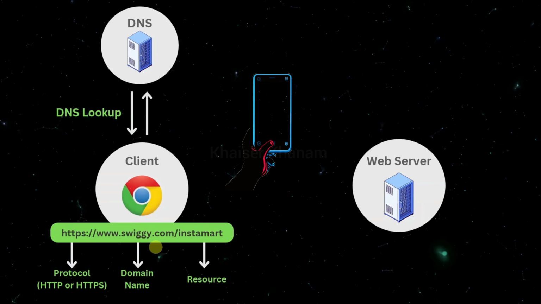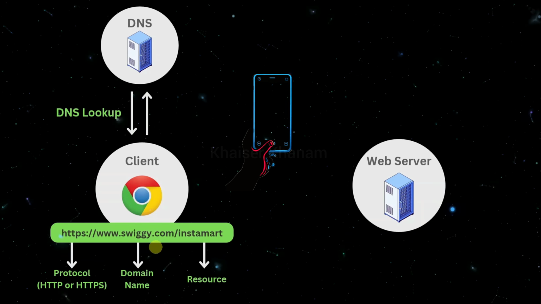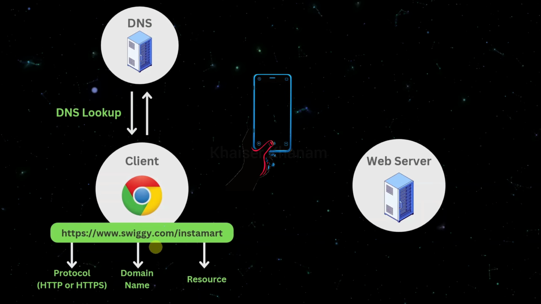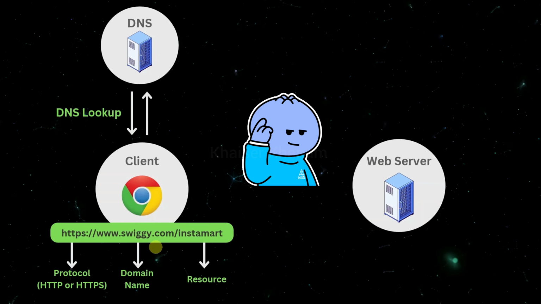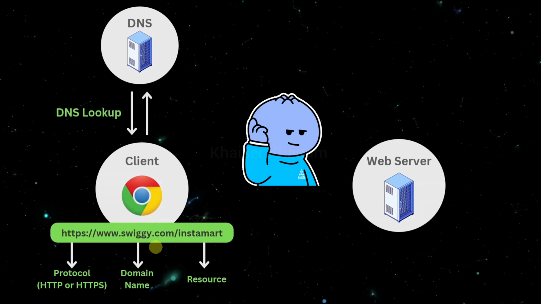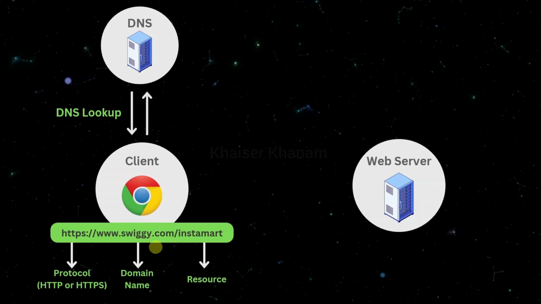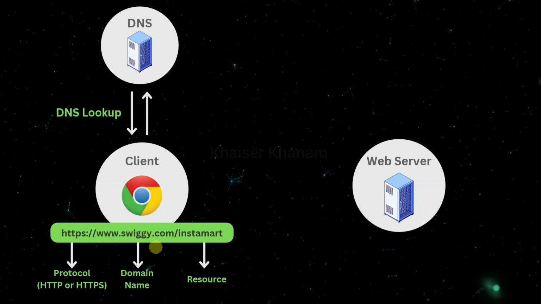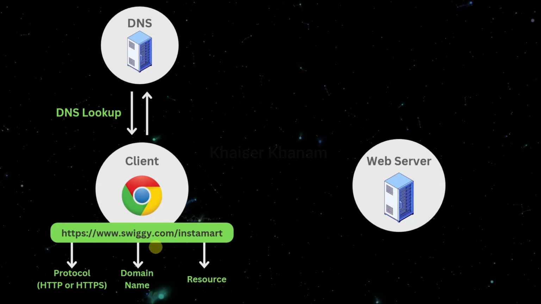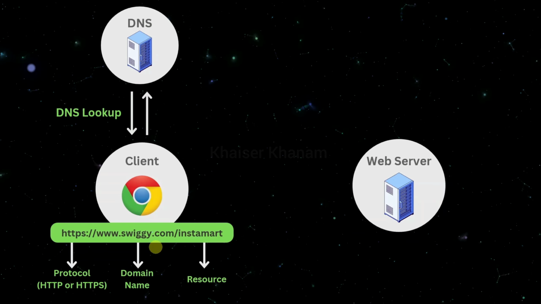In your mobile also you will be saving the number, along with number you will be giving the name. Why you are giving name? Because it is easy to remember the name instead of remembering the number. So similarly, it is easy to remember the domain name instead of remembering the IP address. So DNS is a special kind of server, and basically it is like phone book of the internet.